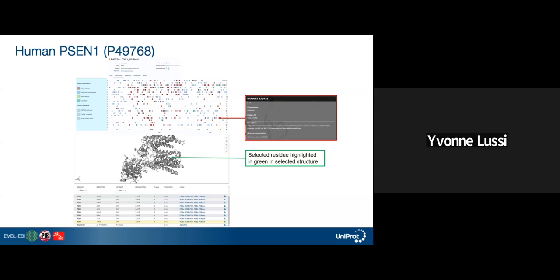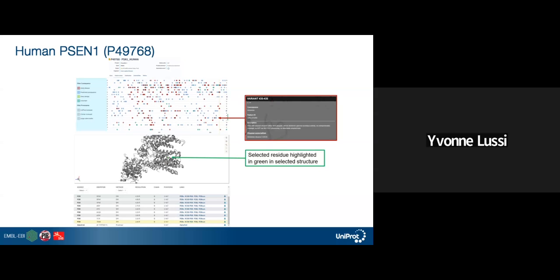In the feature viewer, you can also analyze the effect of your variant of interest on the protein structure. So the feature viewer allows you to visualize the 3D structure of the protein, both experimental structures from PDB, if they are available, or predicted structures by AlphaFold.